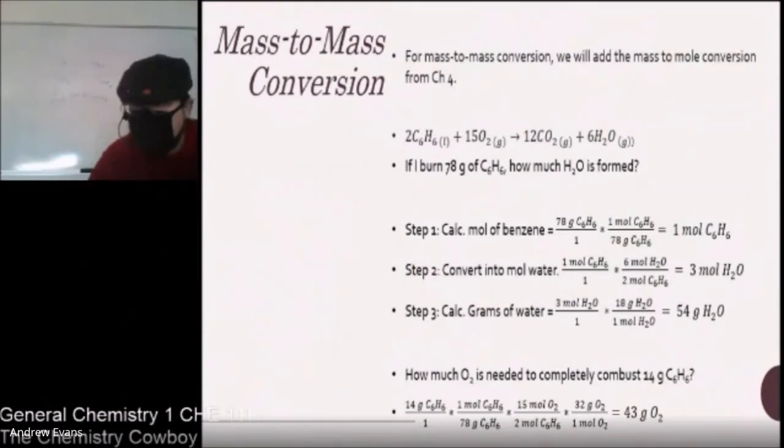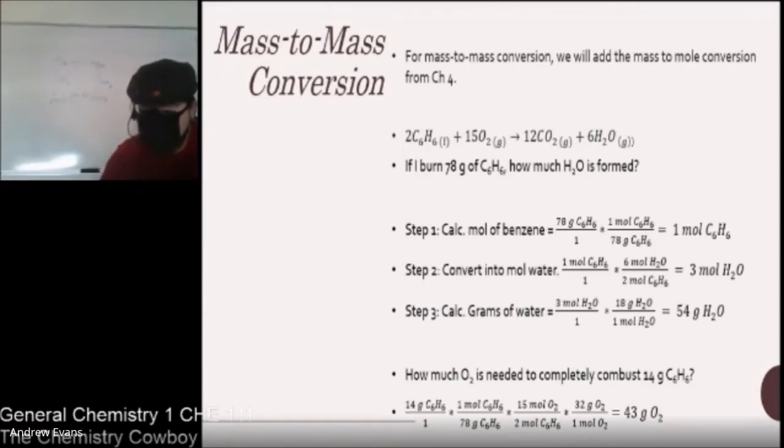Now, we're looking at this example of benzene. Instead of 2.4 moles, I took 78 grams of benzene. I took a beaker, poured a bunch of benzene in it, and lit it on fire, and then said, how much water could I collect? So how would I do that?